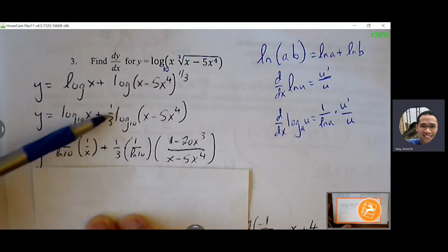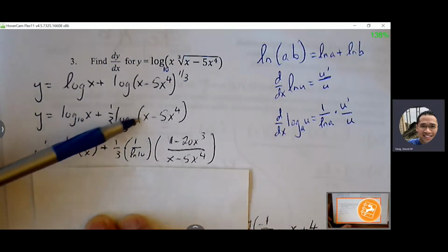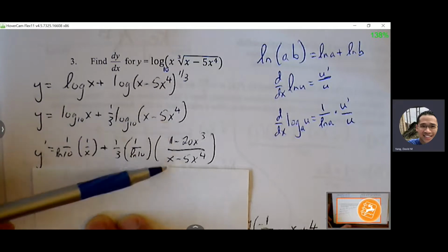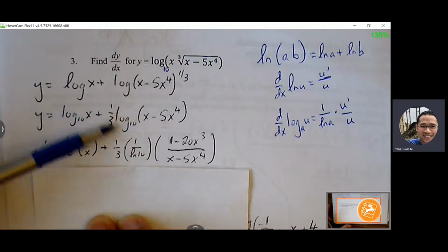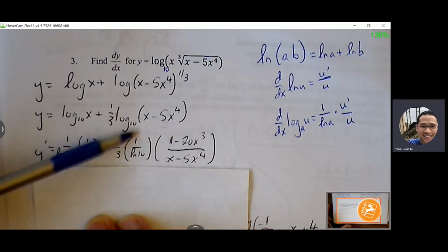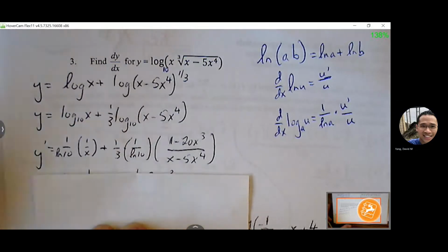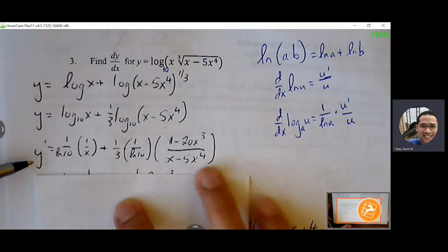Here, 1/3 is going to stay a coefficient. This is still u prime over u, so 1 over x minus 5x to the 4th, times 20x cubed, but then the log base 10 has its thing going on here, so 1 over natural log of 10. This step is fine.